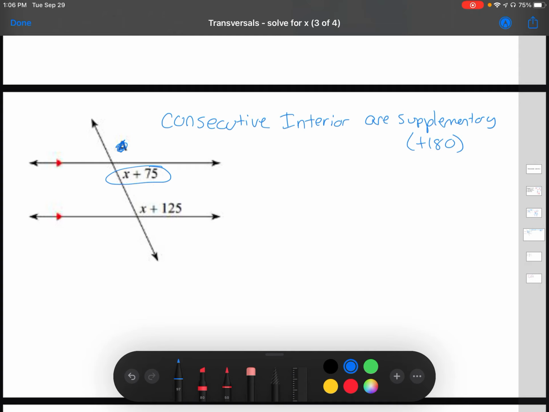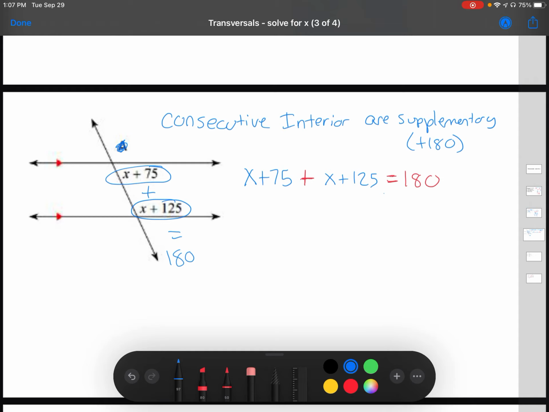So this angle plus this angle equals 180 degrees. So I'm going to write an equation. So take the first angle and the second angle, right, and put a plus sign in between them, and an equals 180 at the end, right? So when they're supplementary, add the two together and make them equal to 180, right?